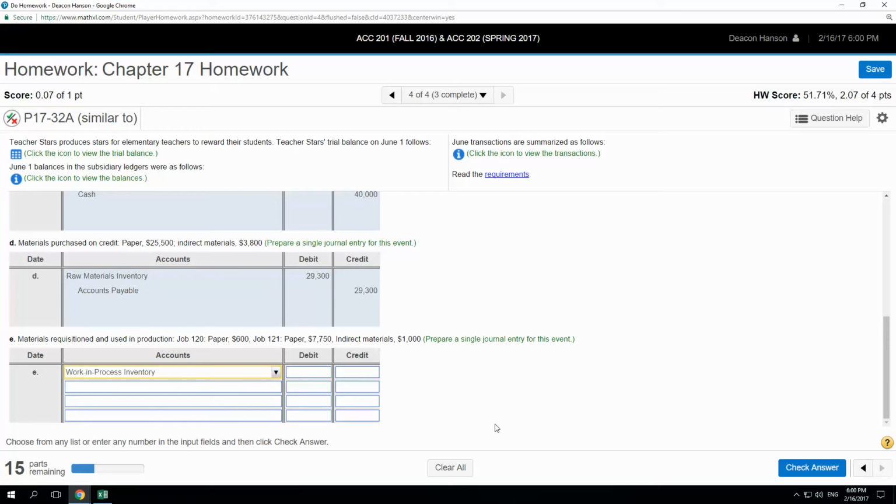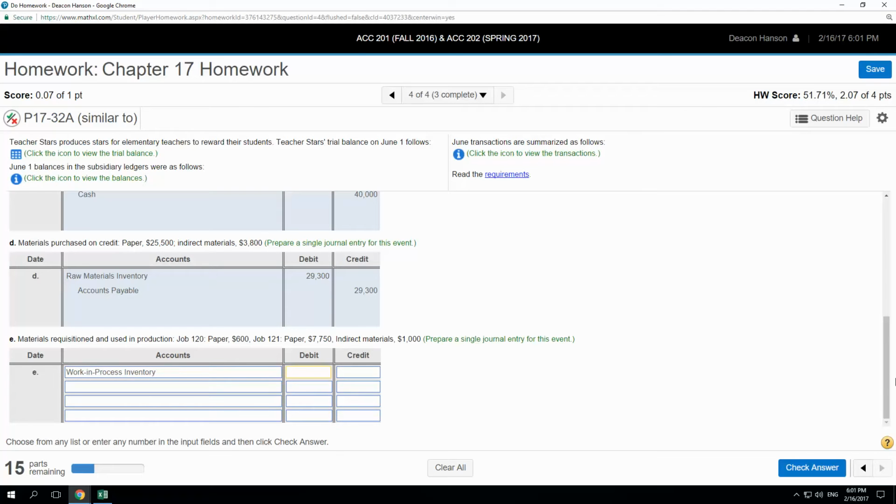Now in the subsidiary records, that's where we would define what job it is. But this is like the master account. So we're going to put all of the direct material, so that's all of the paper, straight to work in process. So we'll add up the paper amounts. We're going to have 8,350. That's the 600 plus the 7,750.